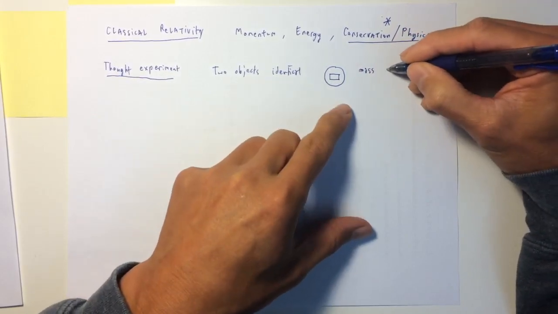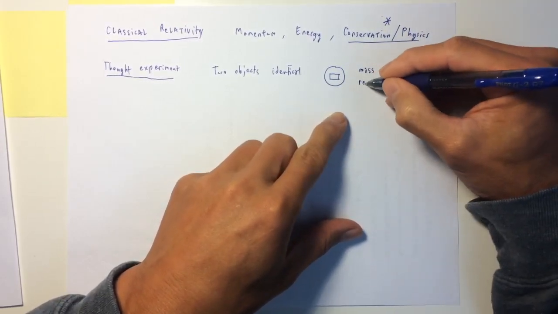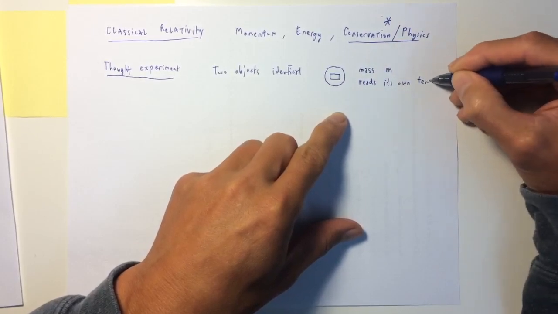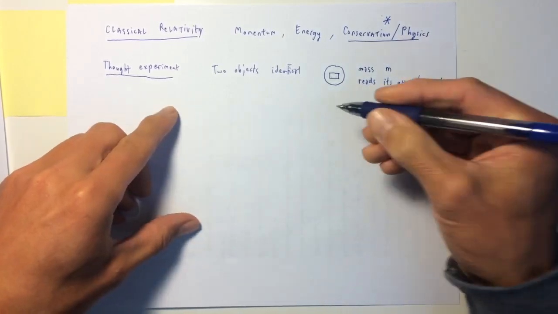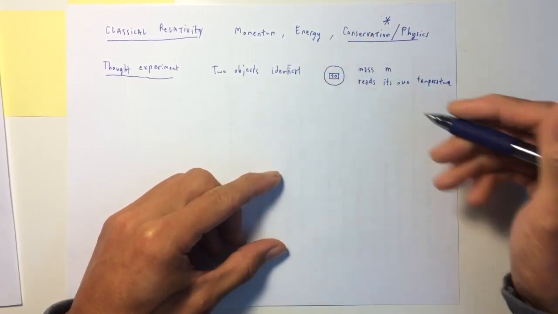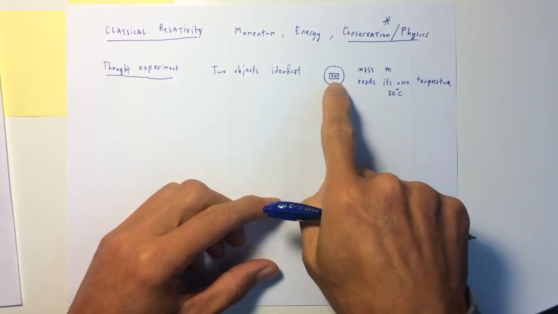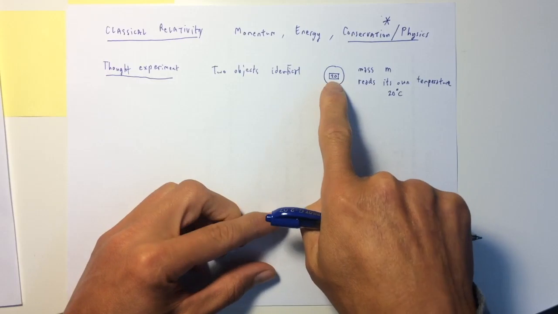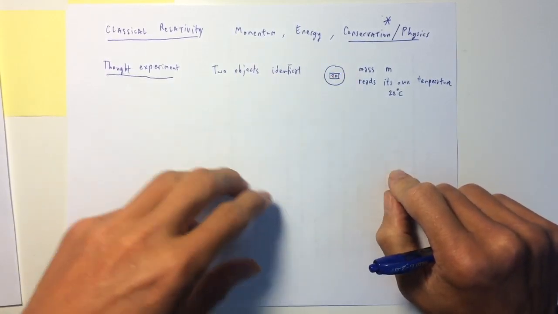So mass m, and it reads its own temperature. For example, you might see a little 20, so it says 20 degrees Celsius. Let's say that the units the little thermometer uses to report temperature is degrees Celsius. And it's a mass m.